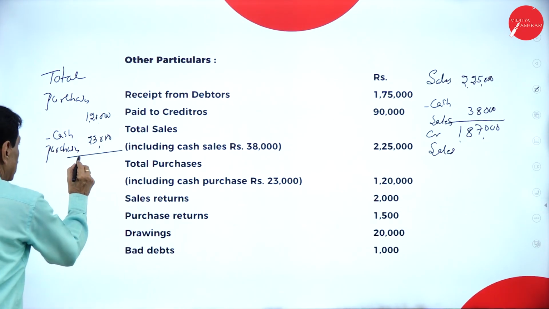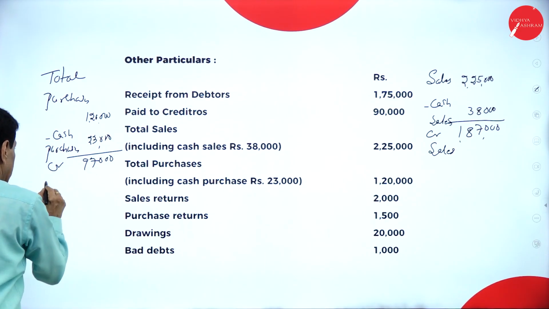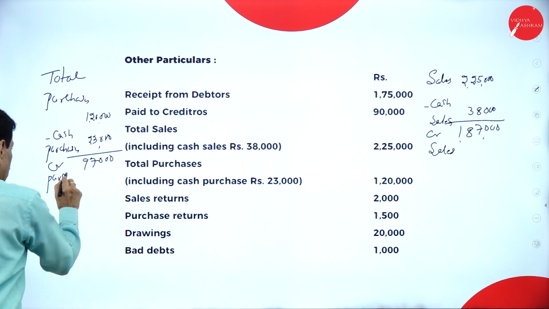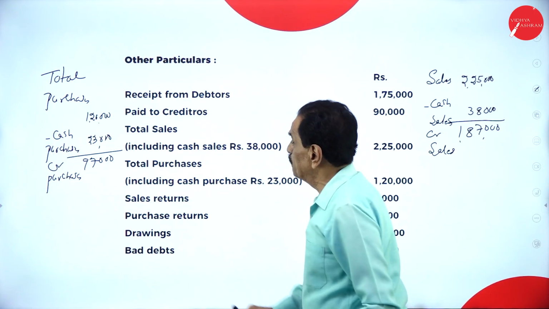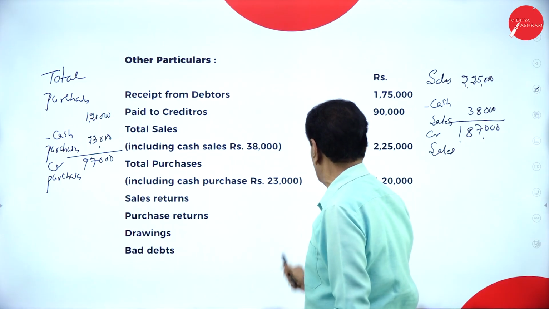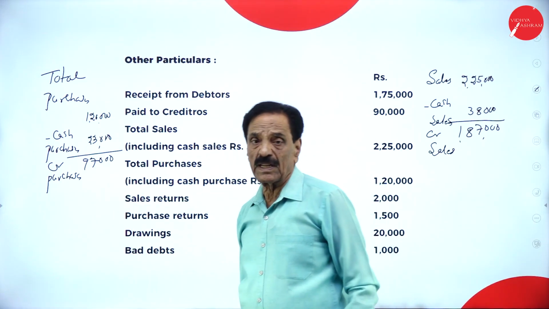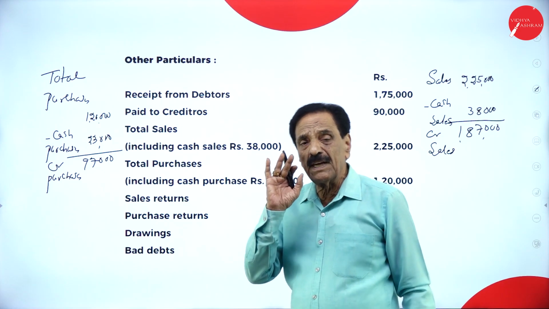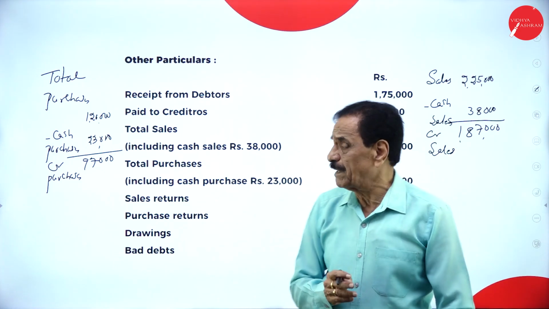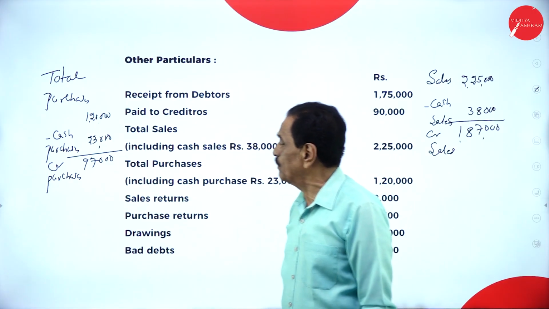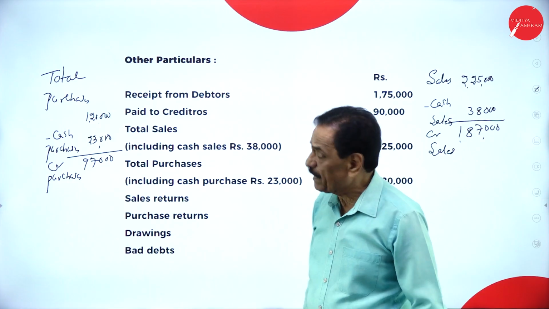Difference is 97,000, credit purchases. How is it? Your total purchase is 1,20,000, which includes the cash purchase of 23,000. Difference is 97,000. When you say purchases, it includes the cash purchase as well as the credit purchase. How much cash purchase gone? 23,000. What's the difference? 97,000 is the credit purchases.